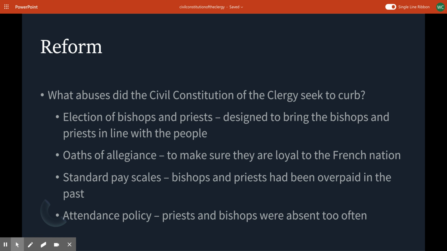The pay scales, we can assume that bishops and priests had been overpaid under the old regime, and so they were going to change that. And finally, we can assume that often these priests and bishops were absent, so that is why the attendance policy was implemented. All of these abuses are being addressed, and there's an attempt to remedy them in the civil constitution of the clergy.